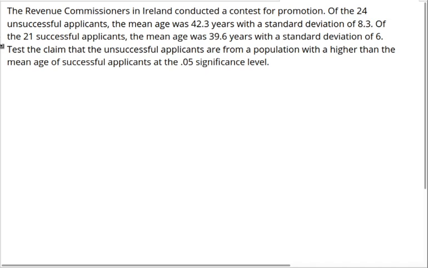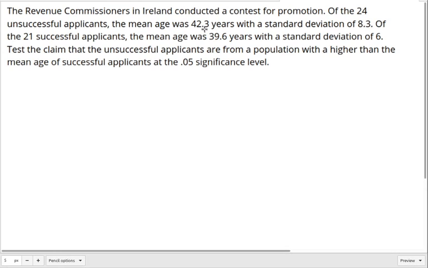All right, so first of all, let's decide if this is a mean or a proportion problem. The fact that we're talking about mean age, and we want to test the claim that the mean age of unsuccessful applicants is higher than the mean age of successful applicants.